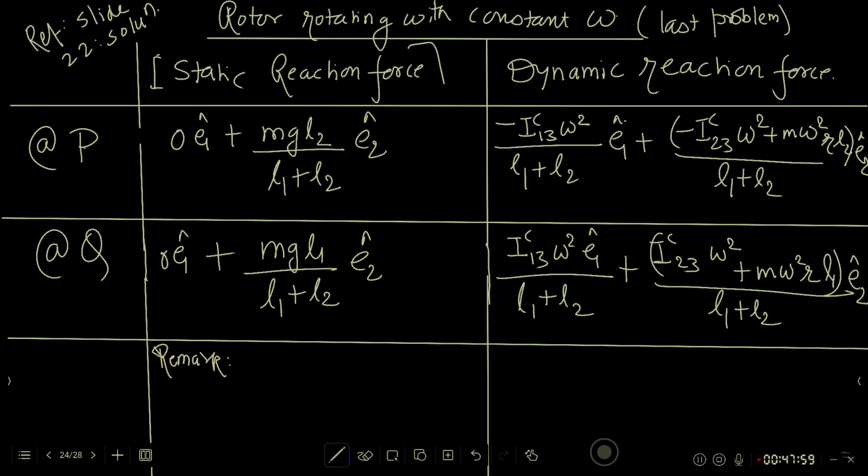As I said earlier, you look at this column, you set omega to be 0, everything vanishes. That is the evidence that all these reaction forces are dynamic reaction forces. Whereas on the other column, the first column, oblivious of omega, whether omega is there or not, the static reaction force remains the same.